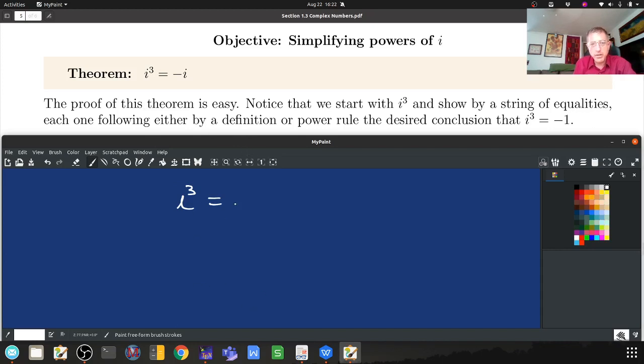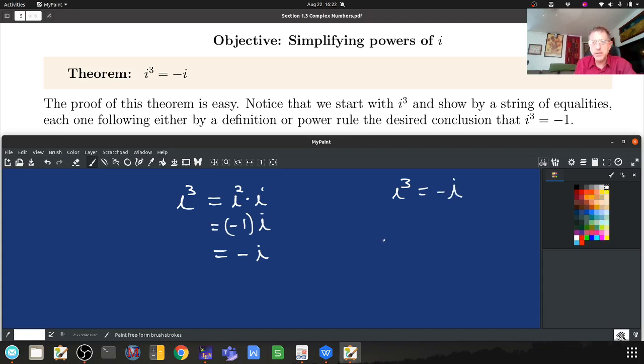So i cubed is equal to i squared times i. It's just because i is raised to the first. But i squared is equal to minus 1, and that's times i. So that's just equal to minus i. Could there be an easier theorem to prove? So that's my theorem. i cubed is equal to minus i.